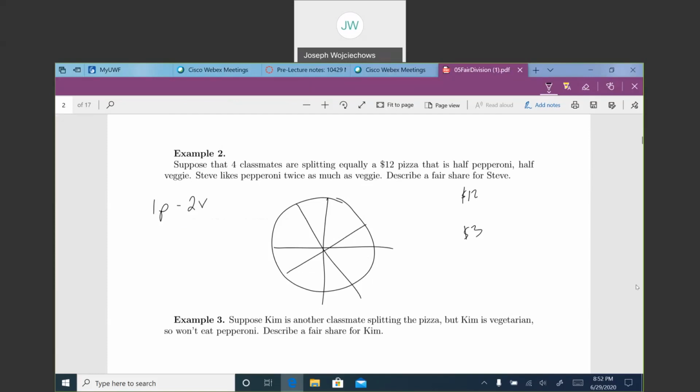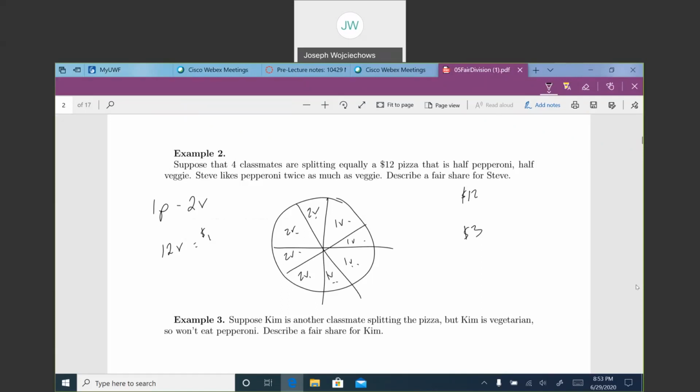So our 4 pepperonis, we'll use the unit of the value of veggie, would be worth 2 veggies each, and then our veggies would be worth 1 veggie each. So we have 2, 4, 6, 8, 9, 10, 11, 12. The value of the pizza is 12 veggies. So 12 veggies, $12. That's $1 a slice.